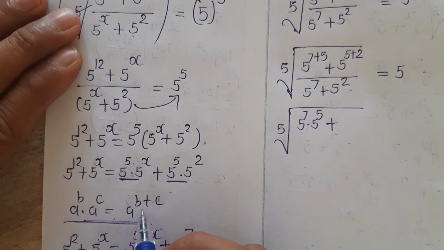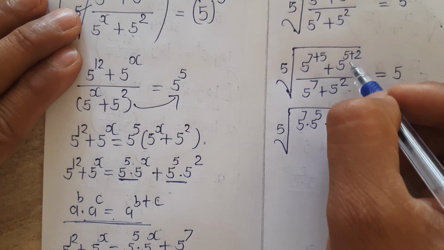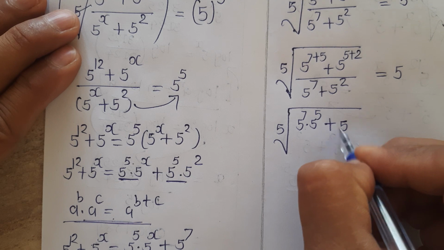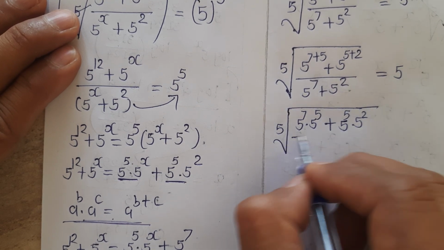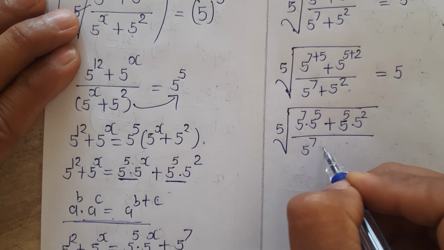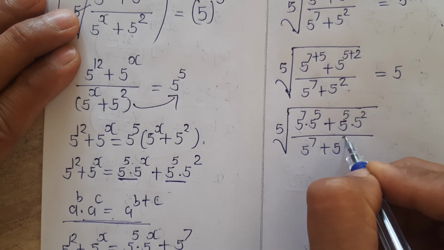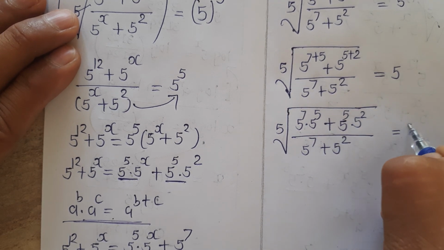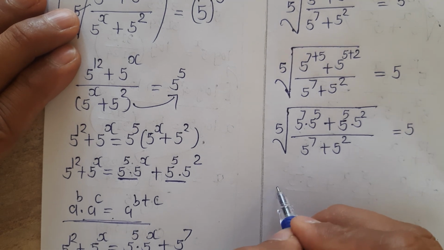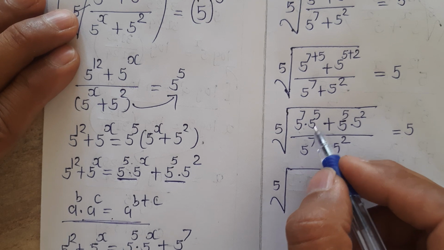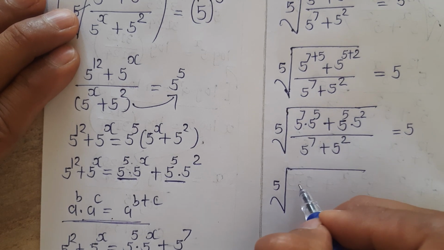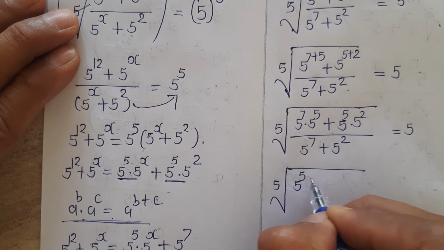Plus the same formula we will apply over here as well. So we have 5 raised to 5 into 5 raised to power of 2, and in the denominator we have 5 raised to power of 7 plus 5 raised to power of 2, is equal to 5. Now we can take 5 raised to power 5 in common.